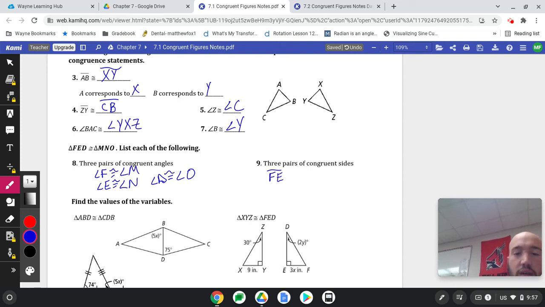FE is congruent to MN. ED would be congruent to NO. And finally, we know that DF is congruent to OM.